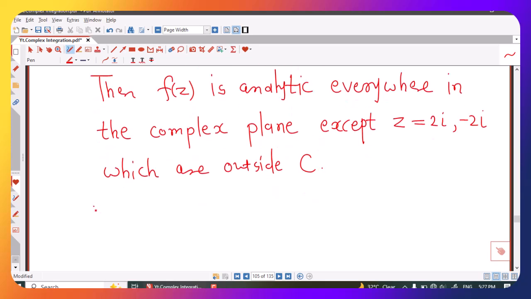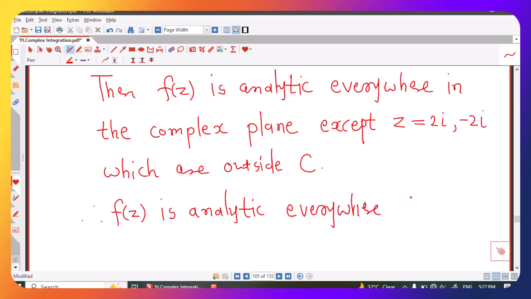So from this we can say that f of z is analytic everywhere inside and on a simple closed contour.